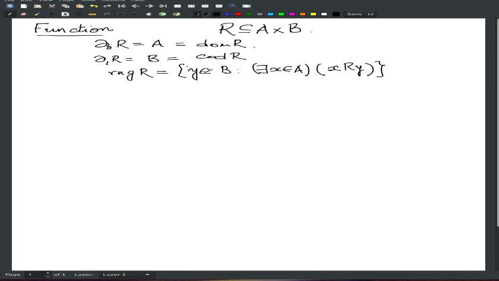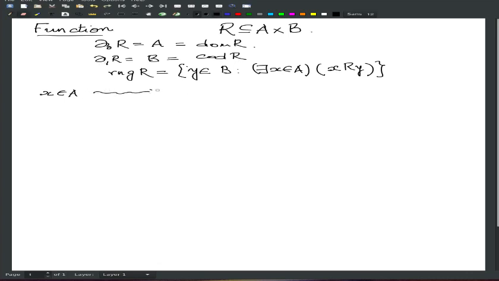So now, if you look at it, for each x in A, you can have several members, all of which are related.